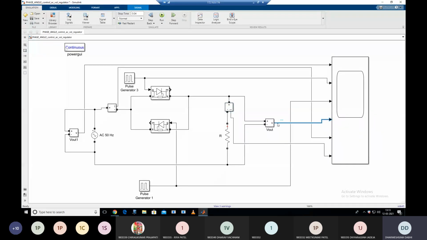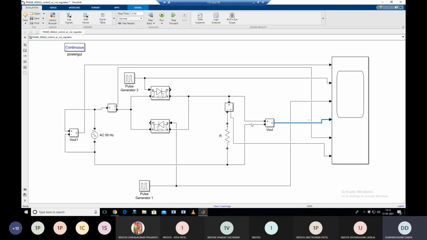The output voltage is here. First parameter I measure in this scope is the supply voltage, that is connected across this AC voltage. Second parameter is the gate pulse applied to thyristor T1. Third one is the gate pulse of thyristor T2.